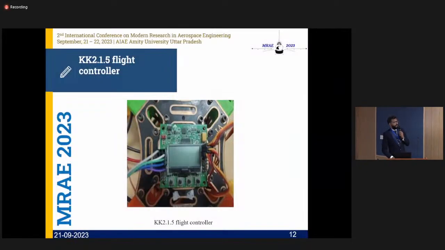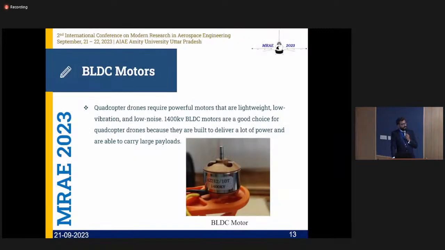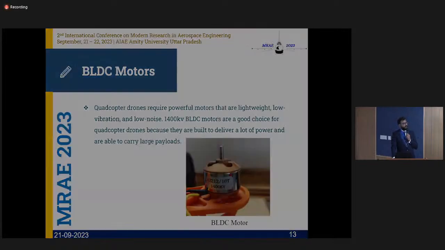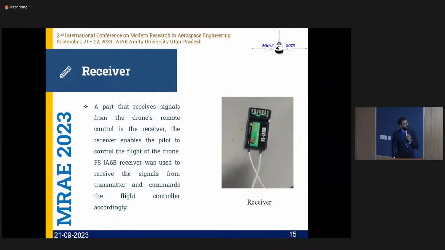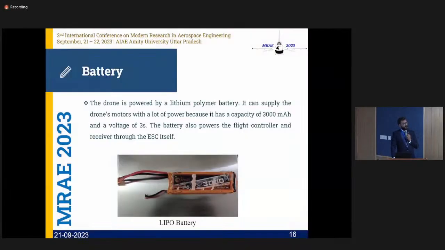So basically this is my KK 2.1.5 flight controller. There is the BLDC motor, a brushless DC motor, and the electronic speed controller. I use a 30 amp electronic speed controller in order to have a basic drone. We have a receiver to command the electronic speed controller, and we have a battery.